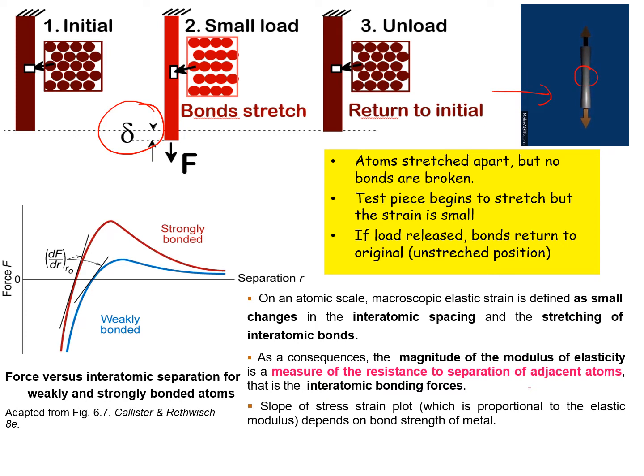It also shows that the slope of the stress and strain plot, which is proportional to the elastic modulus, depends on the bond strength of the metal. This shows the strongly bonded, and the bottom shows the weakly bonded. So this picture shows the force versus the interatomic separation for weakly and strongly bonded atoms.